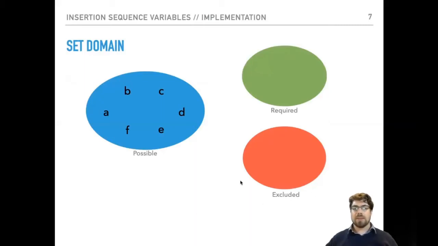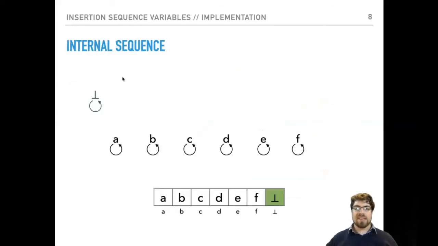So the set domain is basically a partition of the set of all elements. Initially, all elements are possible, and during the search, they will be moved to either the required subset or the excluded subset, meaning that the element is either present in our sequence or excluded, so it will not be part of the sequence.